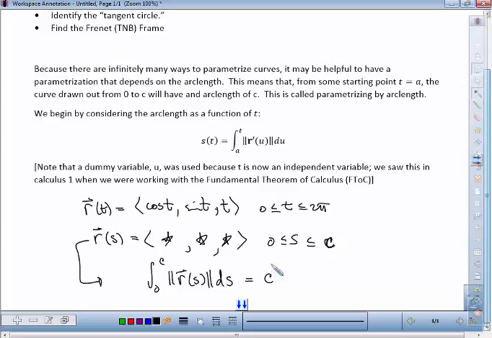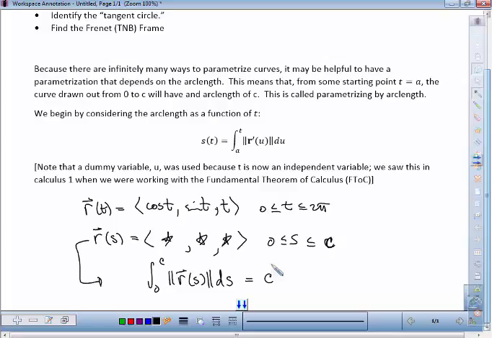Now, practically, when I say practically, I mean as a working example, finding this new parameterization would be really, really difficult. It turns out that with a helix, it's not so bad, and we could probably do the work, but I think the book does it for you, so you can check the book to see how they reparameterize the helix so that it's parameterized by arc length.